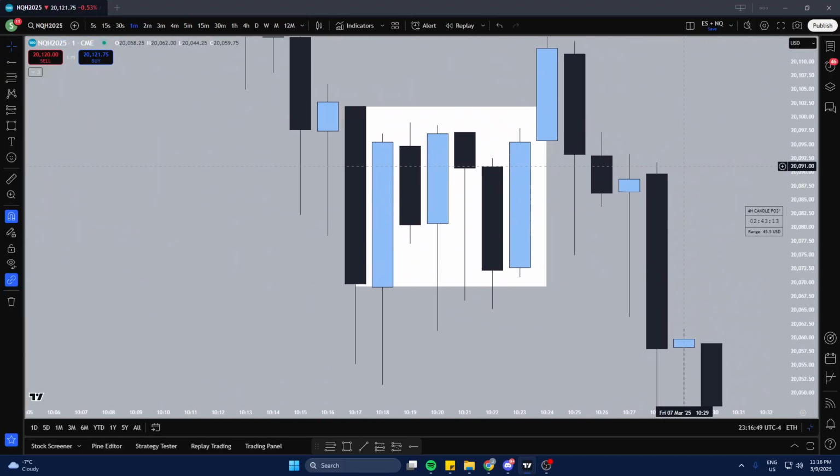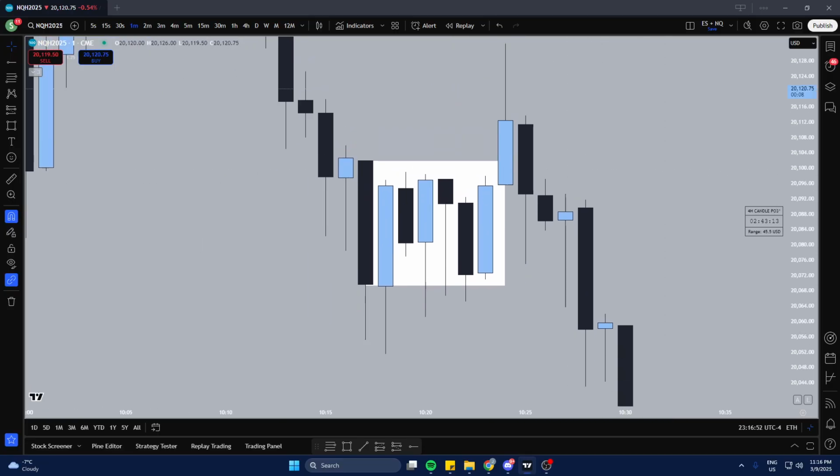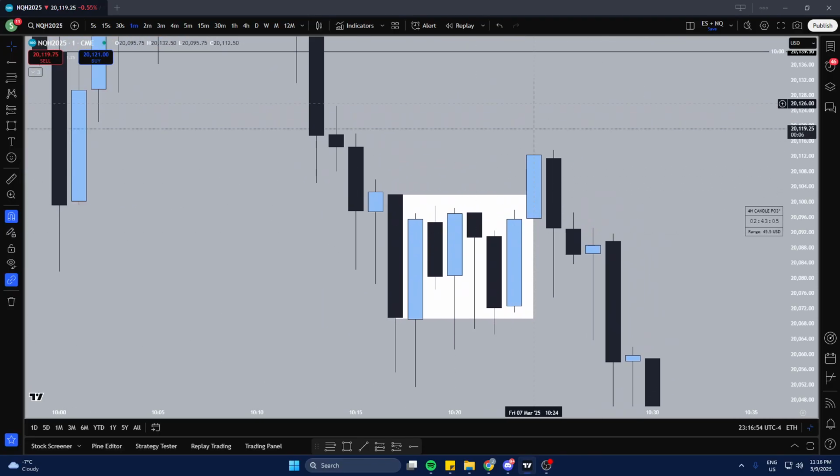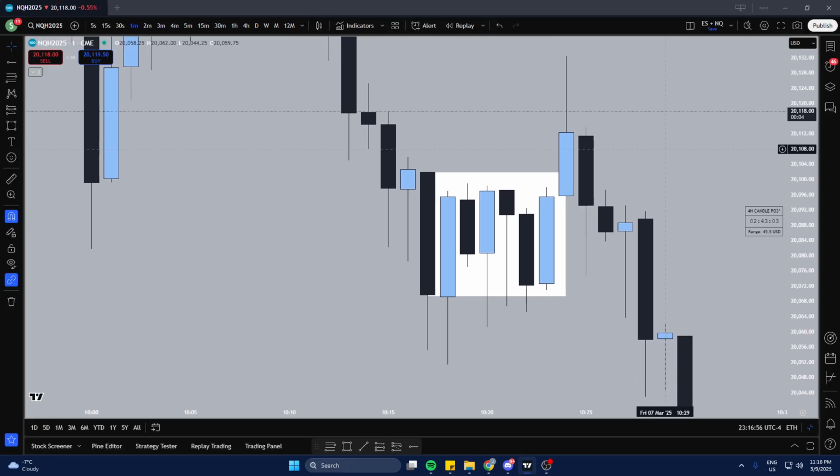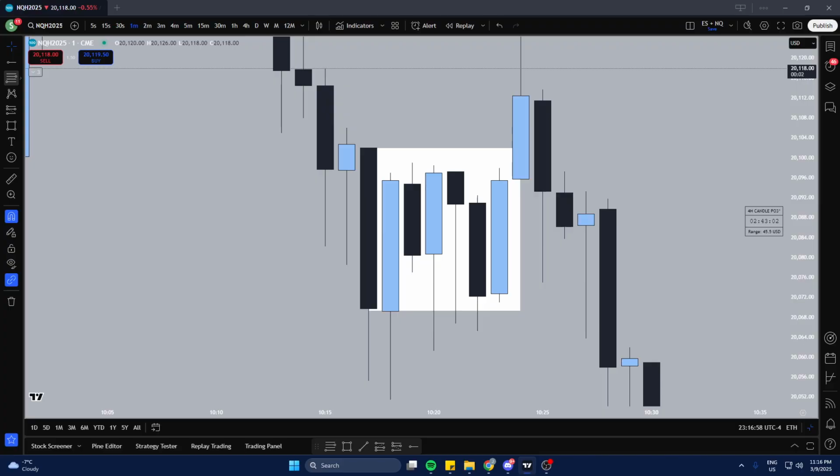So what we want to do is we anticipate price to manipulate upwards. So we use our standard deviation, right? Project it on this leg.